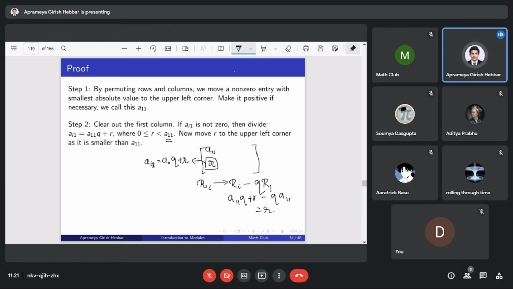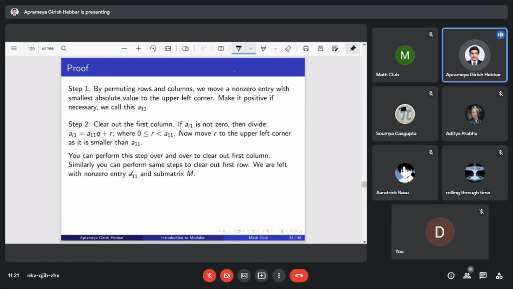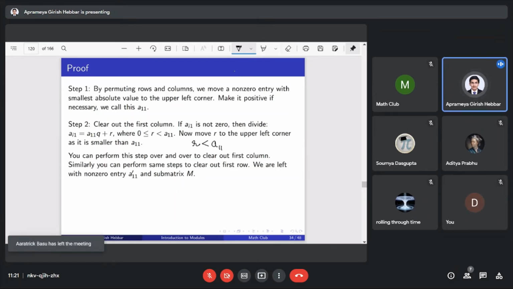So we found a new element which is less than a11. Therefore it is time that this goes to the upper left corner. We move r to the upper left corner, since it is smaller than a11. So what did we achieve? We had a11, and now we found some r which is less than a11.